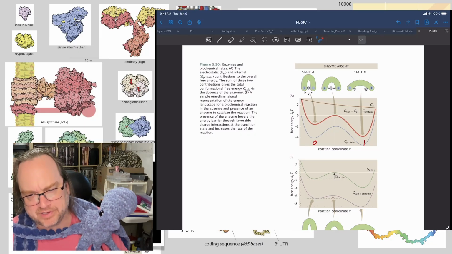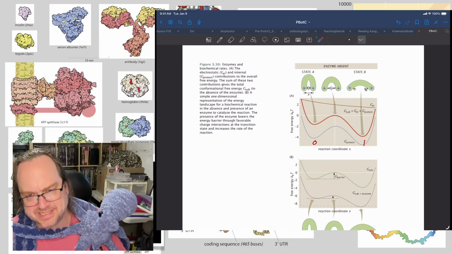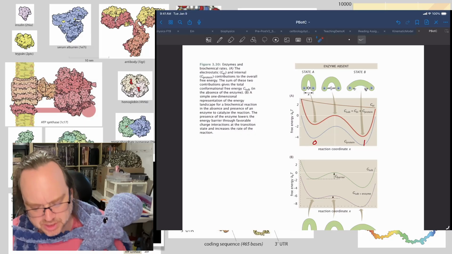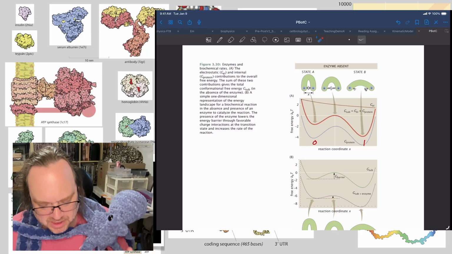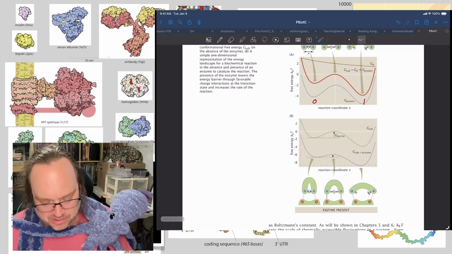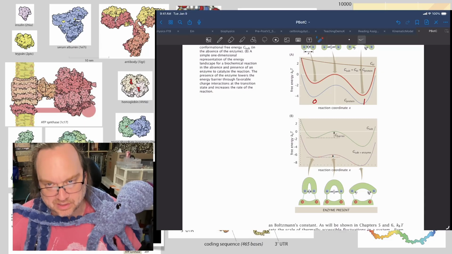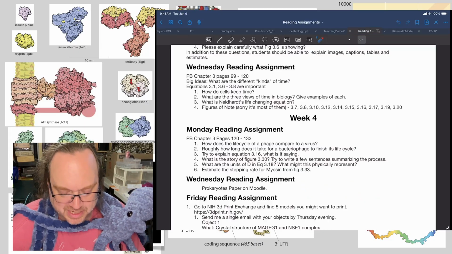It's interfering with the normal chemistry that makes the thing hard to do, but it's not causing itself a chemical reaction to occur, right? That's what an enzyme's all about. So this story is really just about how enzymes not only lower the free energy curves, but they lower the relative barrier in between those two different wells, making reactions easier to happen.